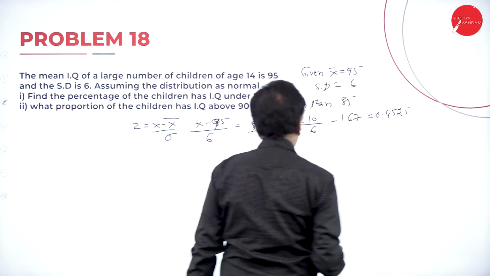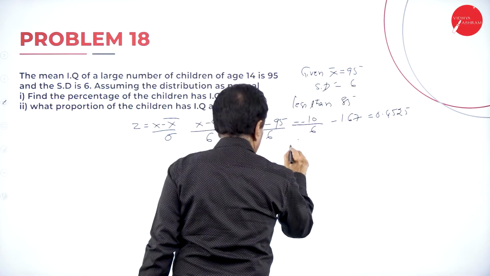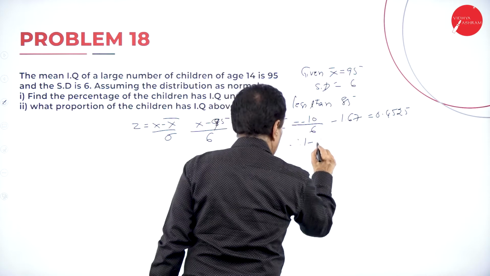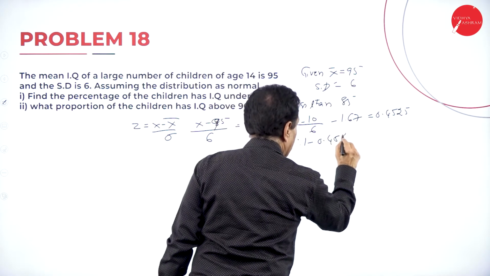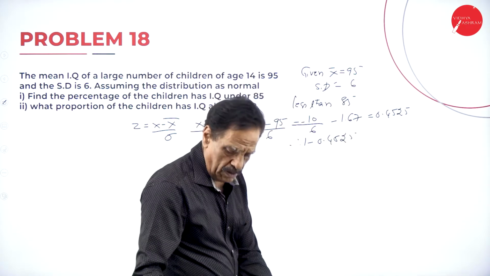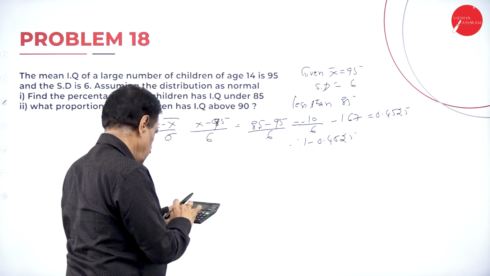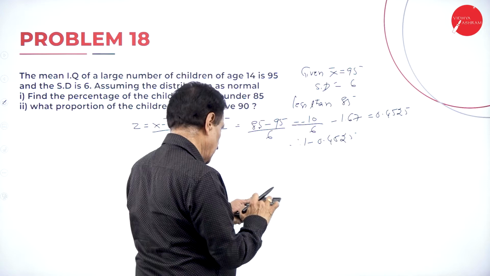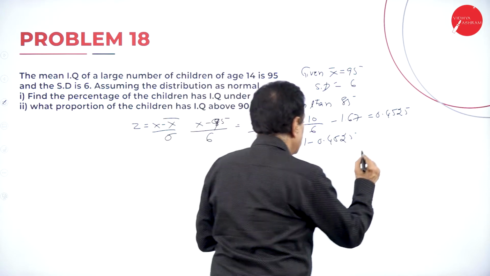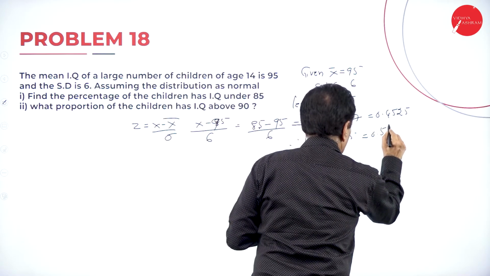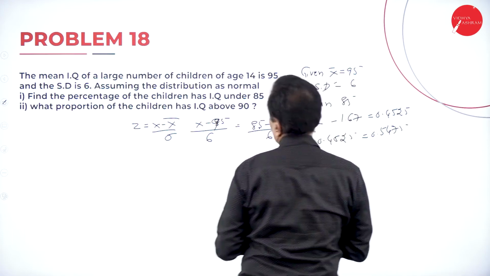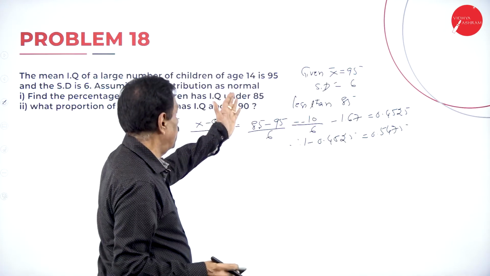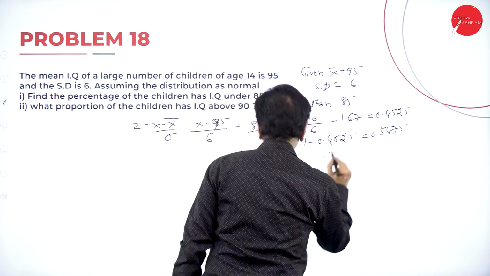Therefore, 1 minus 0.4525 is 0.5475. How many children are there? There are 14. What's the question?